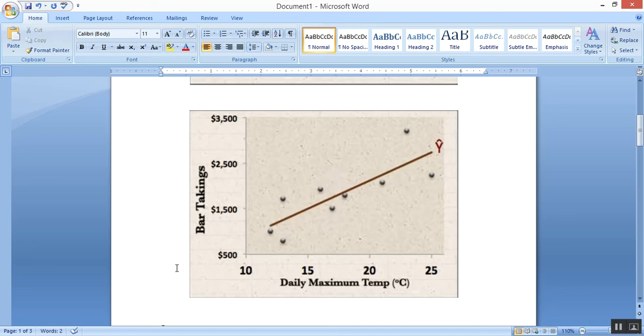Instead, you're going to get an output, which you can see by looking in your chapter, and which we will analyze momentarily. But the coefficient will have a sign, a plus or a minus, a positive or a negative sign, and a positive sign tells you that the slope goes from bottom left to top right, whereas a negative slope would go from top left to bottom right if you diagrammed it out on a scatter plot.